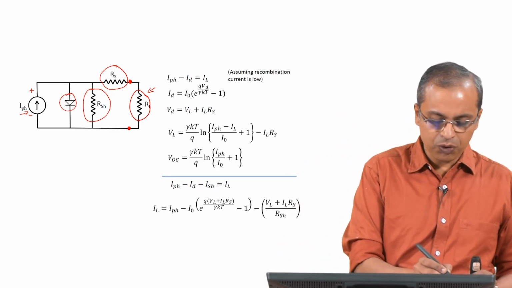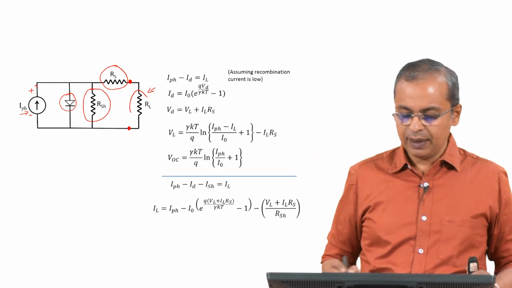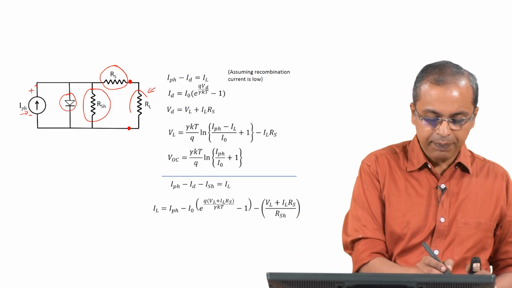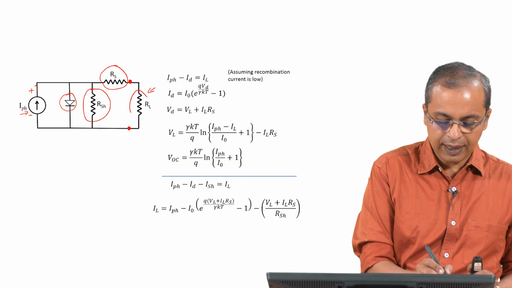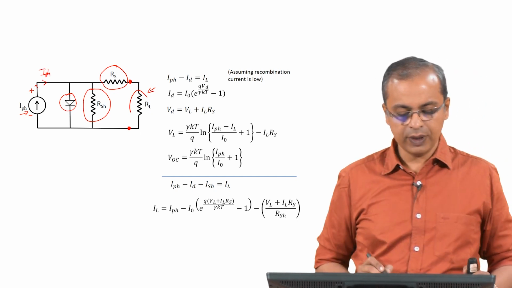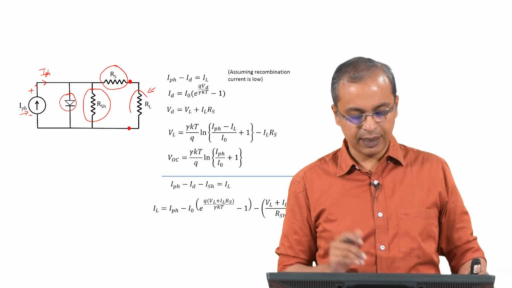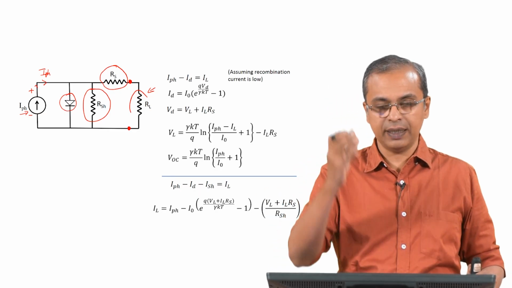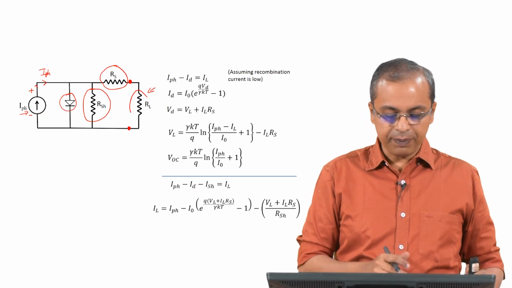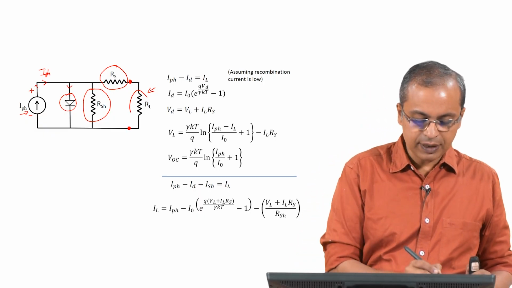So you have the photo current IPH coming out here. That is what has come off the solar cell as a result of sunlight falling on it. Now, from there some current goes into this I diode.